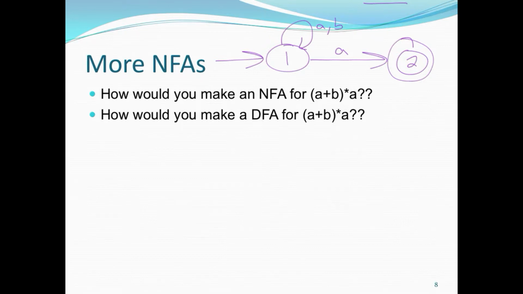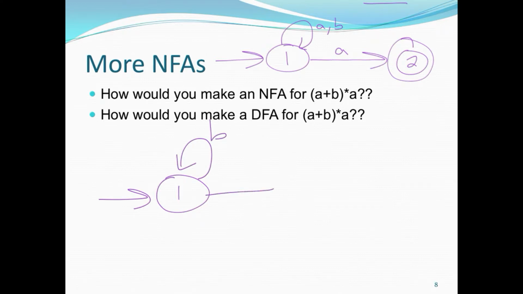So I guess what we have to do is we have to say, well, we start, and if we see a B, well, let's think about this. We can see as many B's as we want at the start, right? So I guess we could have a loop for a B there.